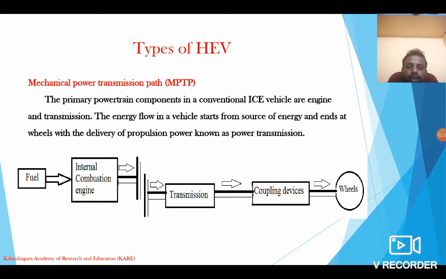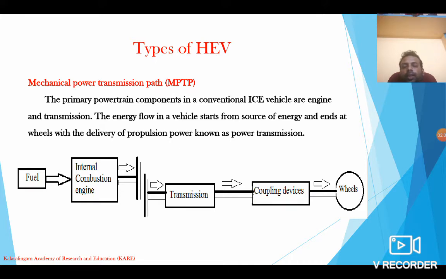So initially, the hybrid electrical vehicle is classified based on the power flow path, right? There are two power sources, one is the IC engine, second one is the electrical drive. Both help to propel the vehicle, and the power transfer to the vehicle keeps on changing to propel the car, right?